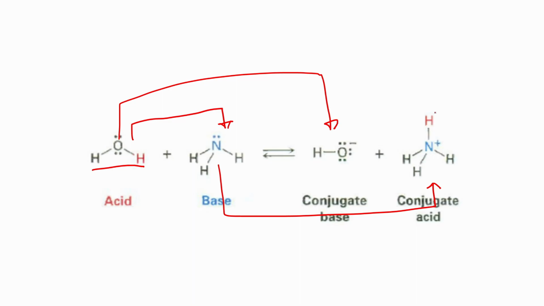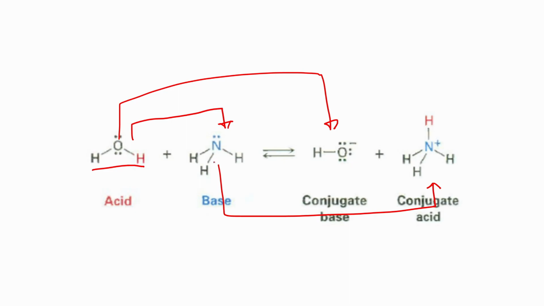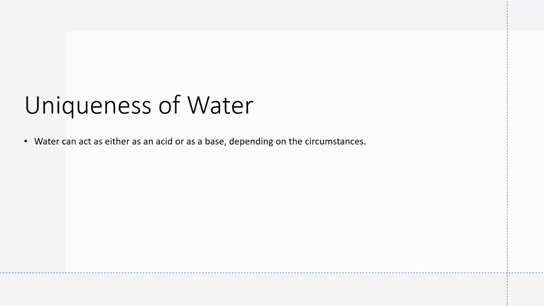As you can see from the two reactions, they both used hydroxide, and they yield water and hydroxide. We have this uniqueness of water in a sense that water can act as either an acid or a base.